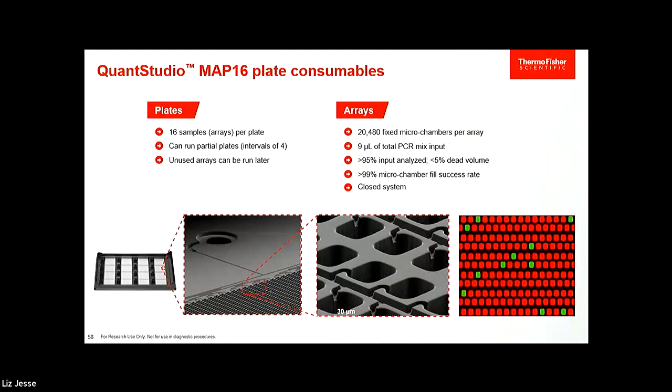Here, we don't use it as a normalizer. We actually use ROX as a visualizer. So as your reaction mix is spread out over the wells, we are able to identify which of the wells got the master mix by seeing the ROX. So even when we get positives versus negatives, the ROX enables us to calculate how many wells were interrogated so that we can give you your comparison, positives versus negatives, and your calculation of concentration of copies per microliter.